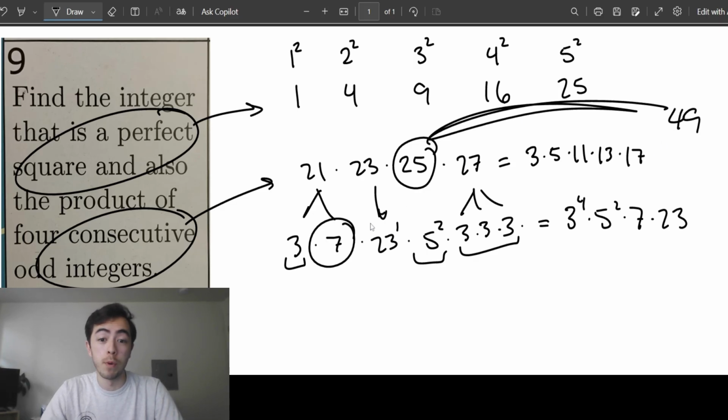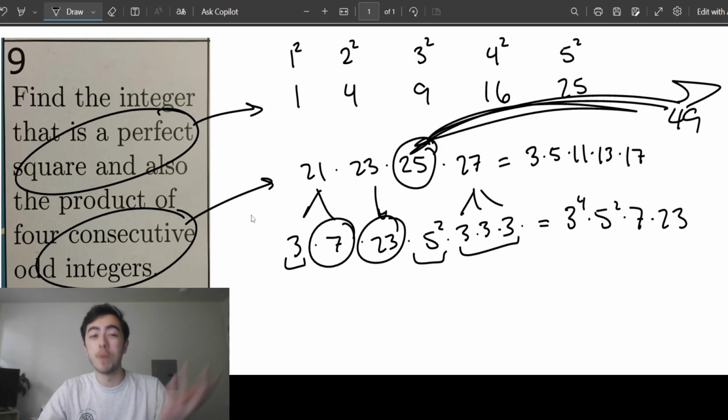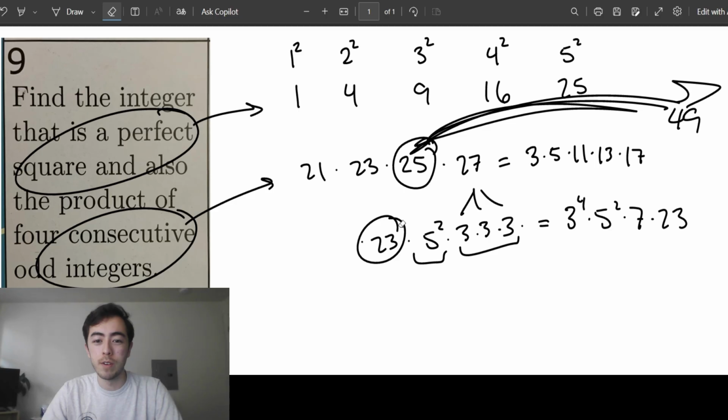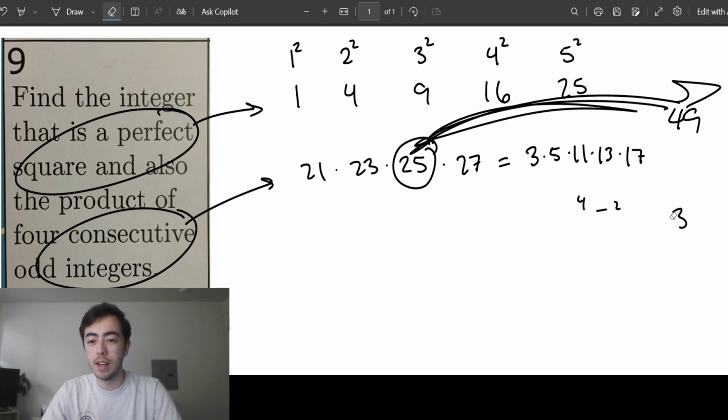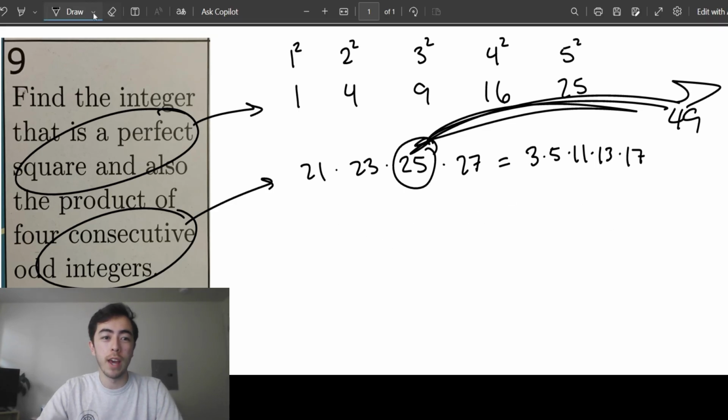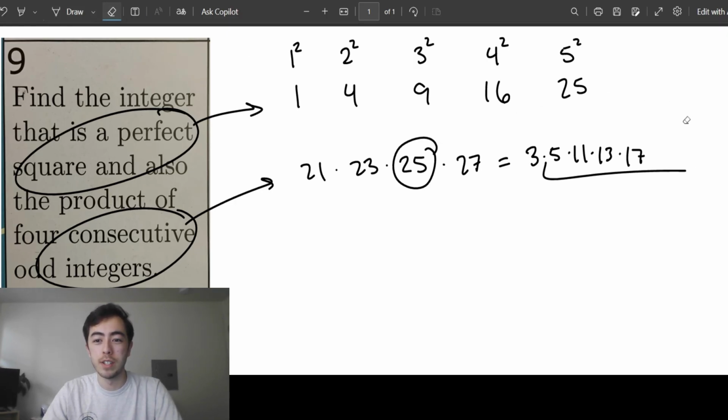Furthermore, the range between the 25 and 23 squared is even greater. So there's really going to be no way for us to get a square number out of this if we have any primes 5 or higher in our prime factorization.